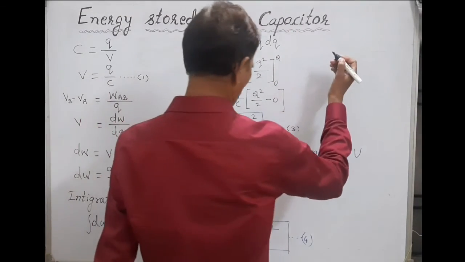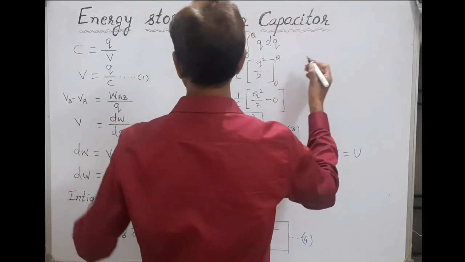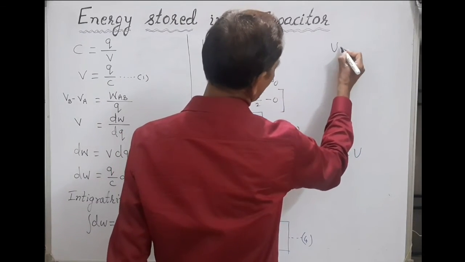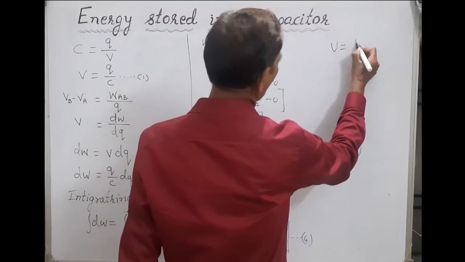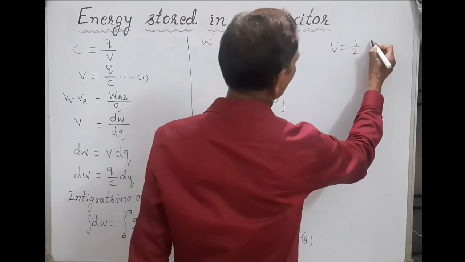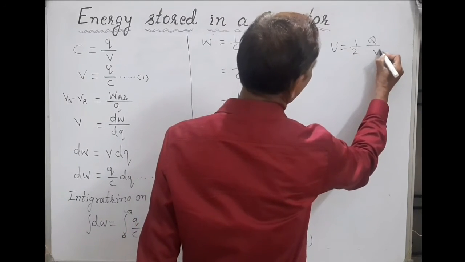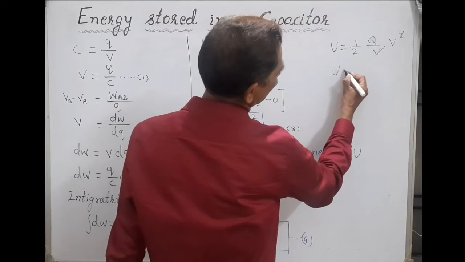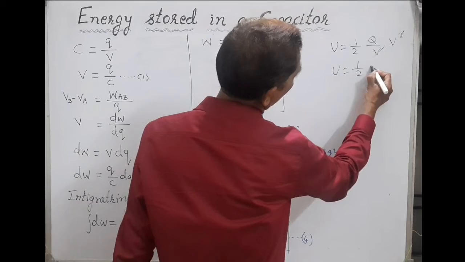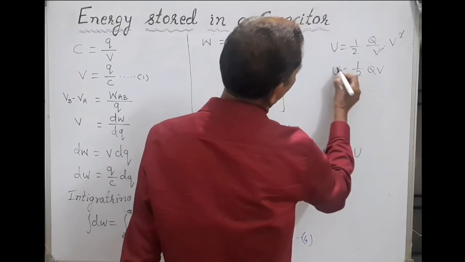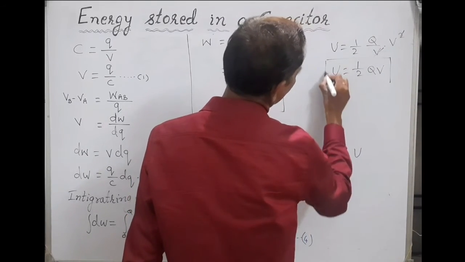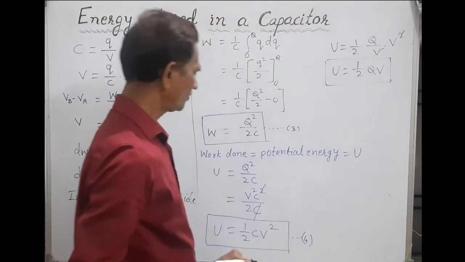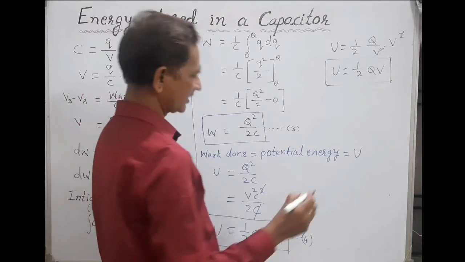U is equal to half, you put the value of C here from equation 1 once again. U is equal to half Q by V into V square, V cancels, U is equal to half QV. This is a third equation for energy stored in a capacitor.